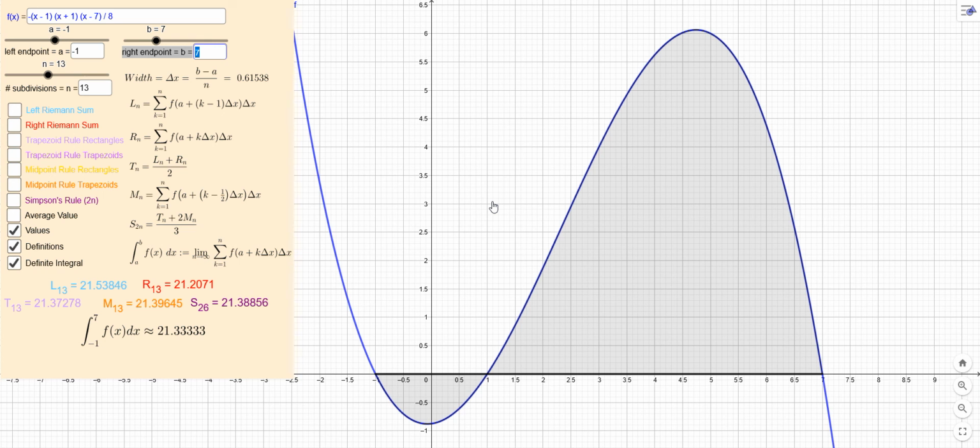A signed area could be positive or negative, and it's a net signed area because it's the total area over the interval between the curve and the x-axis that's above the axis, minus that area that's below the x-axis. So if there's more area above than below, like there is here, then you're going to end up with a positive number. If there's more area below, it will be negative.